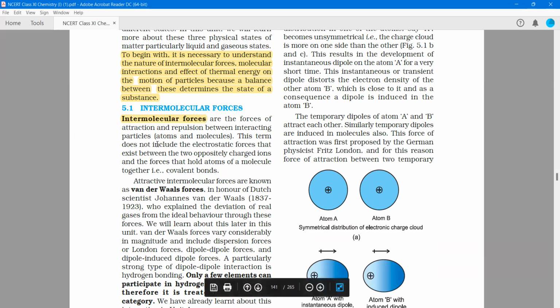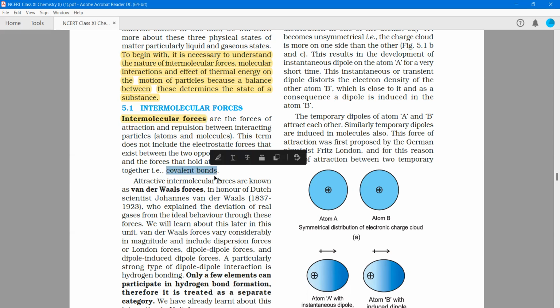This term does not include the electrostatic forces that exist between two oppositely charged ions and forces that hold atoms of the molecule together, that is the covalent bond. So here we are not talking about the exact bonds between the atoms, and also we are not talking about the electrostatic forces that exist between two oppositely charged entities.